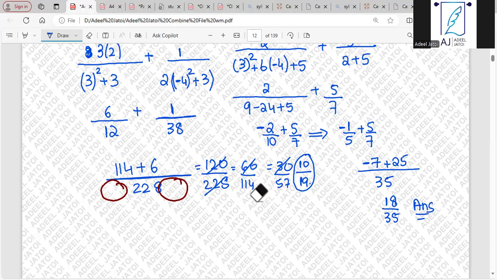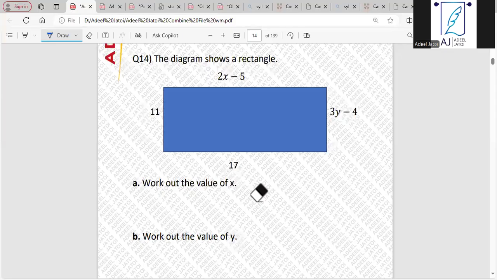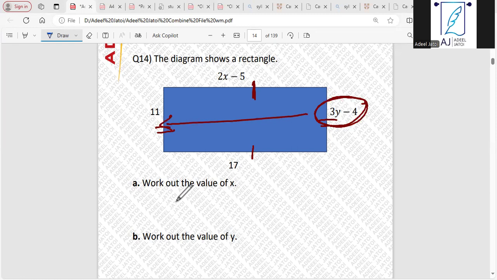Okay, ji? Question number 14 has a rectangle. So what are the properties? The property states that the opposite sides are equal in a rectangle. So when we know that opposite sides are equal in a rectangle, this 3y minus 4 will be equal to 11.